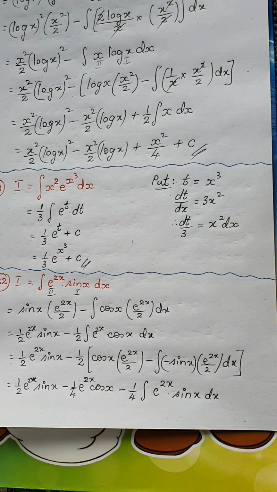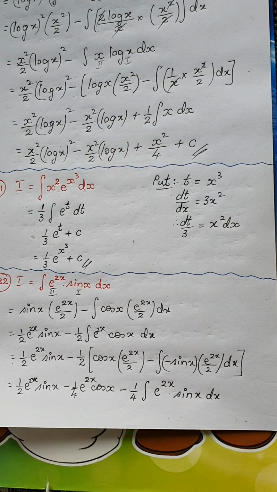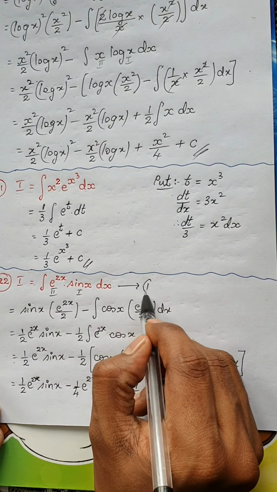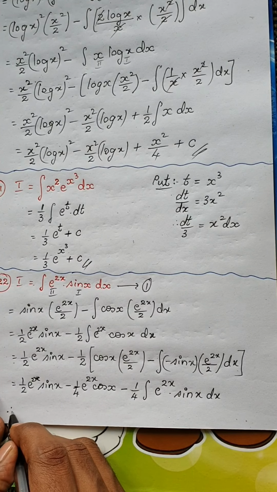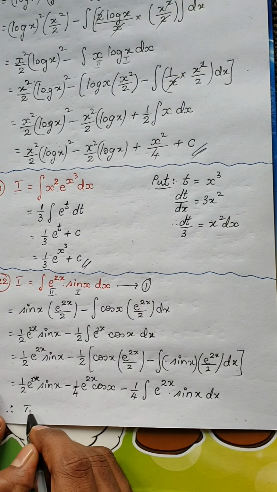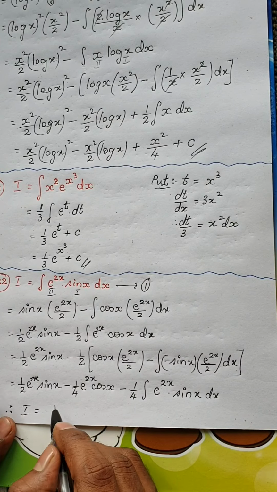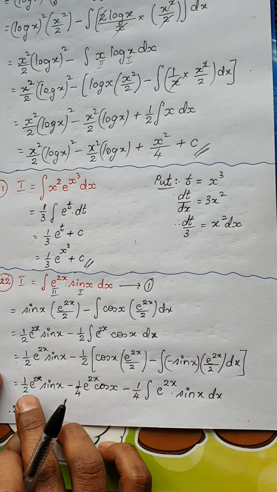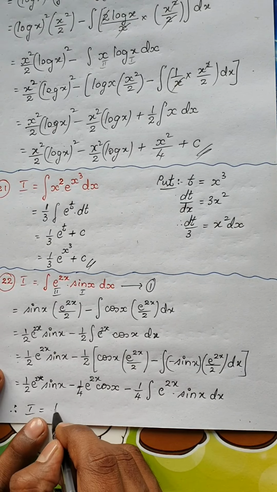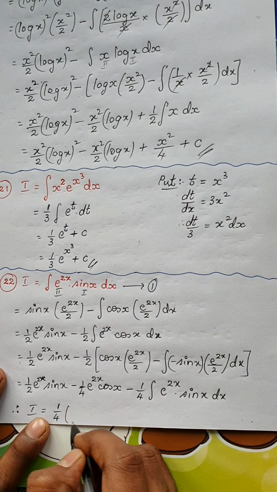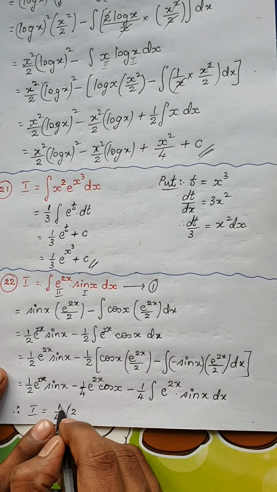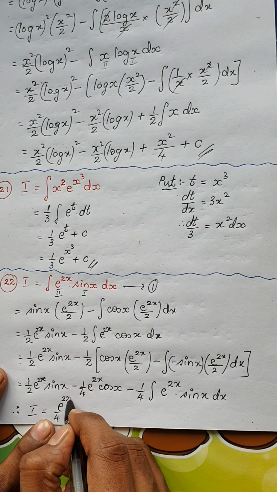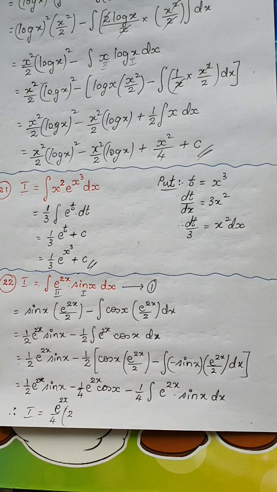Actually you can see, that is where I started, with the integral of e power 2x into sin x as I. Therefore, look here, in both the terms if I take 1 by 4 outside, I will write 2 times and also e power 2x as it is, because in both the terms I have e power 2x.